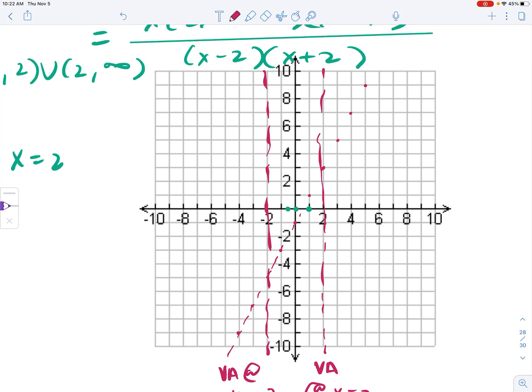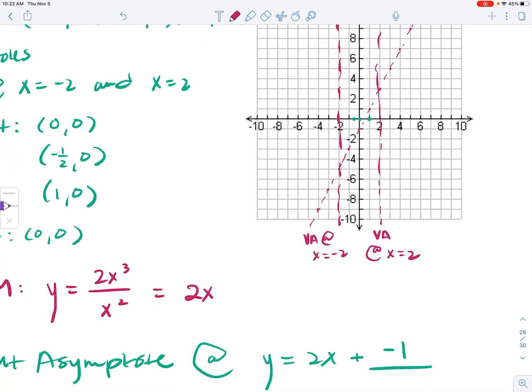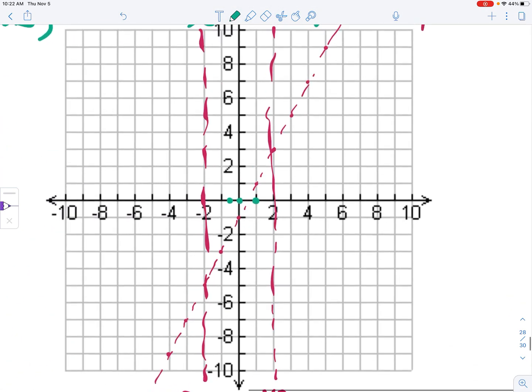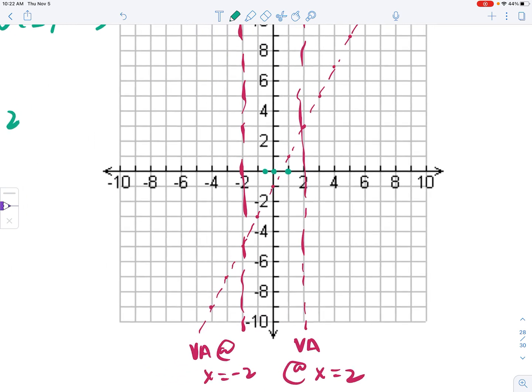Okay, so here is where I can find additional points to see what's happening as the function approaches the vertical asymptotes.